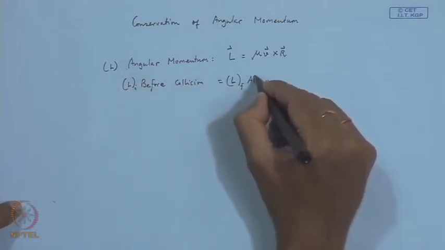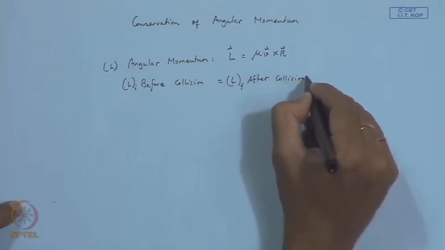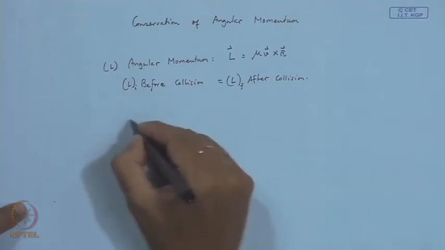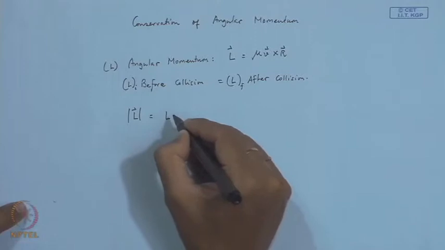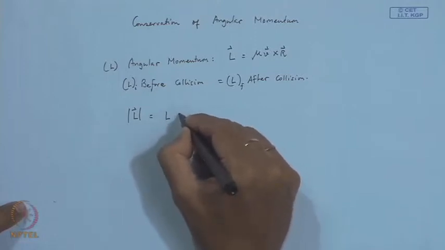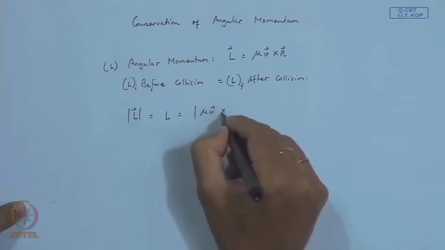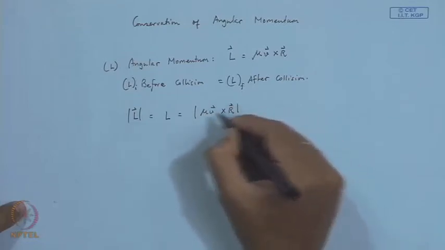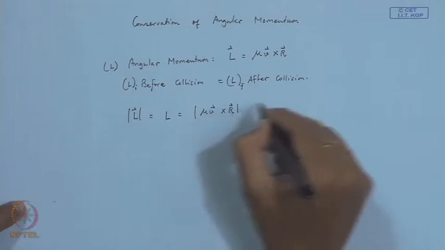So, mod L is equal to L, which is equal to mu v cross r, and in this case v is the initial velocity vector.